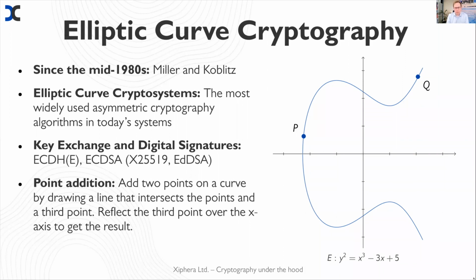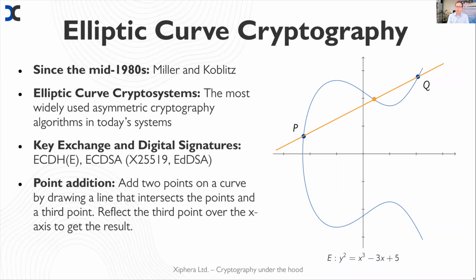So the basic operation of elliptic curve crypto is the point addition, and it has a very nice geometric representation. If we have any 2 points on the elliptic curve, here in the picture you have P and Q, and you draw a line through those 2 points, then the line always intersects a third point.